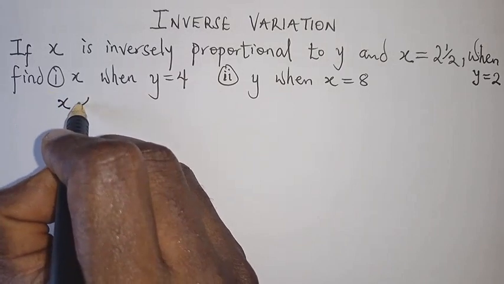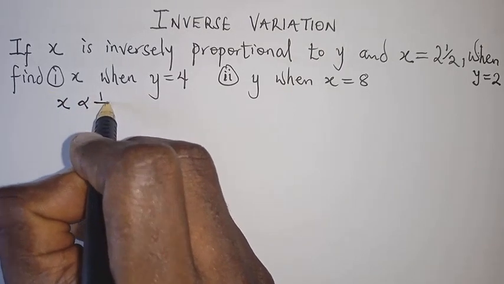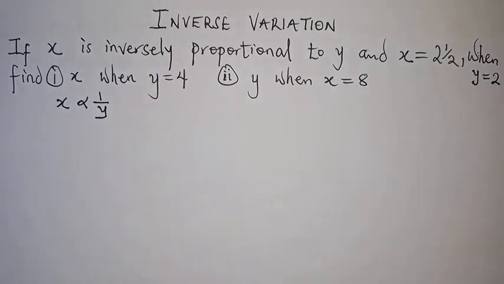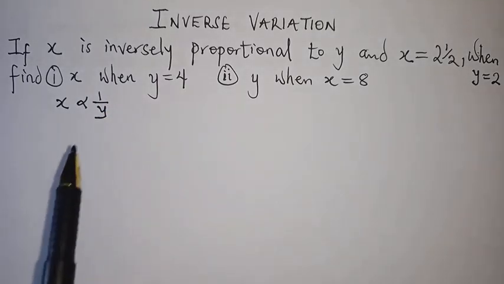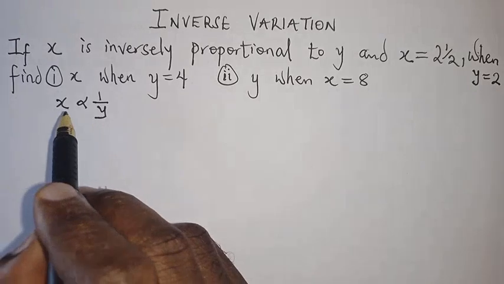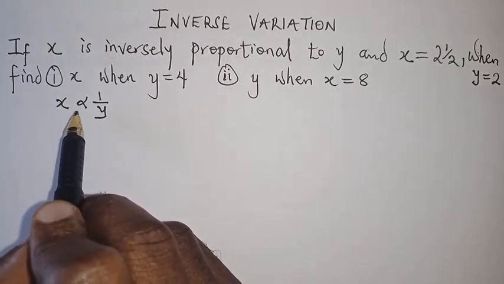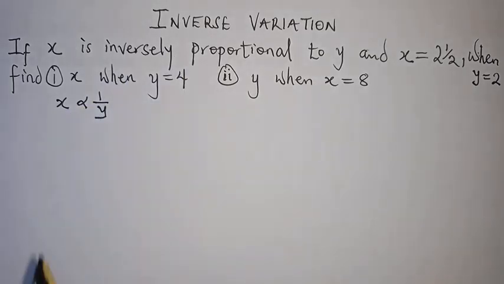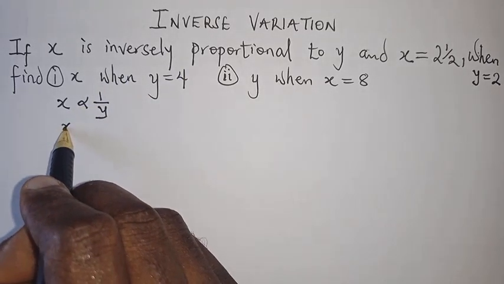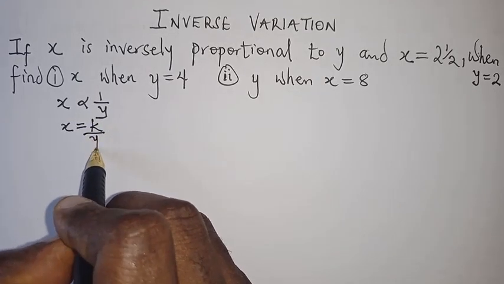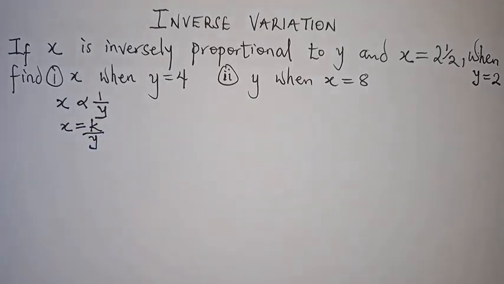You see the difference between this and direct variation is that you write this as a reciprocal. Remember we said in the previous video that you need to take off the proportionality sign, and when you take it off you introduce the constant of proportionality. So this now becomes x equals k over y.